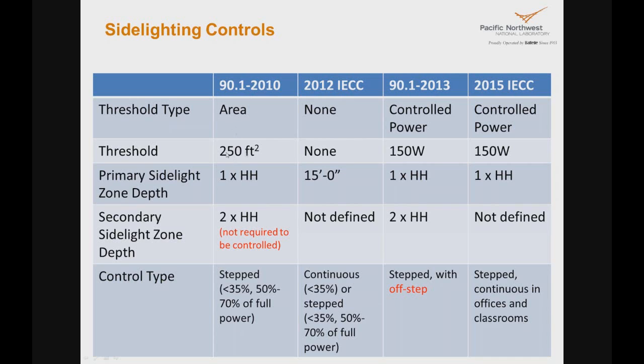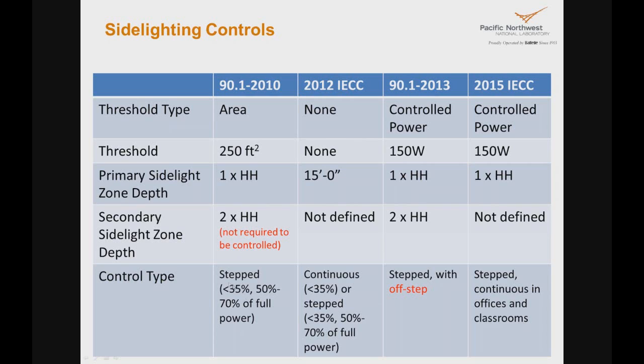It has a threshold of 250 square feet for side lighting. So if you have more than 250 square feet in a daylight zone, you're required to put side lighting controls in. The primary side lighted zone depth, as we saw, was 1 times the head height, and the secondary side light zone depth is 2 times the head height, but you're not required to control that in 90.1/2010.